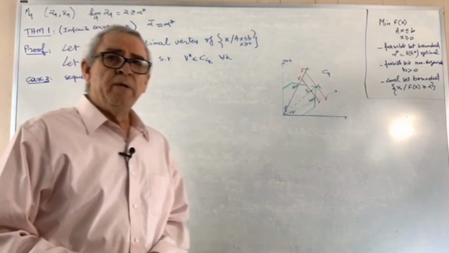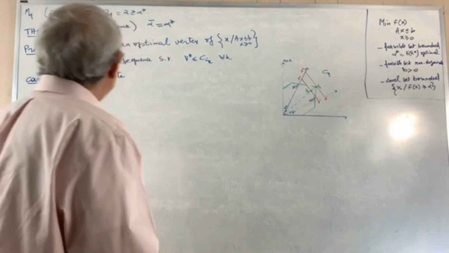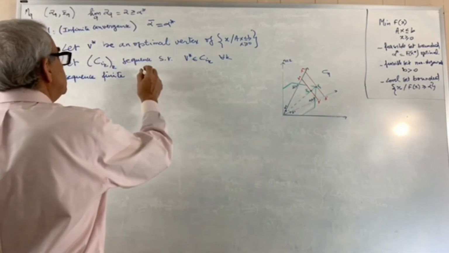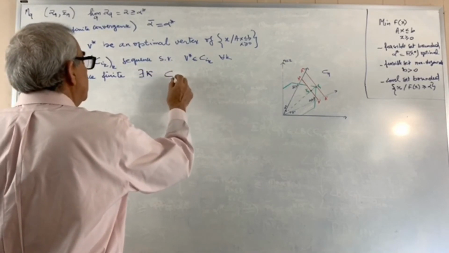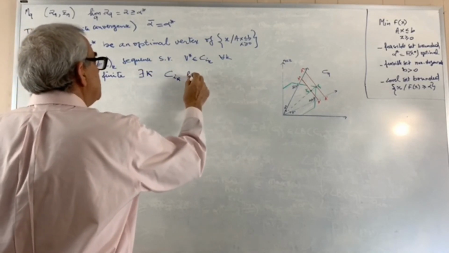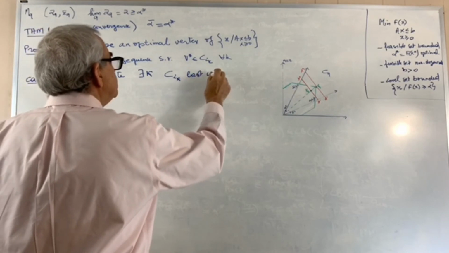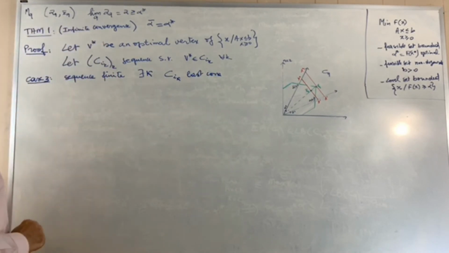So case 3, we're assuming that the sequence is finite. That is, there exists a big K, such that Ci big K is the last cone in the sequence. All right? How would that happen?